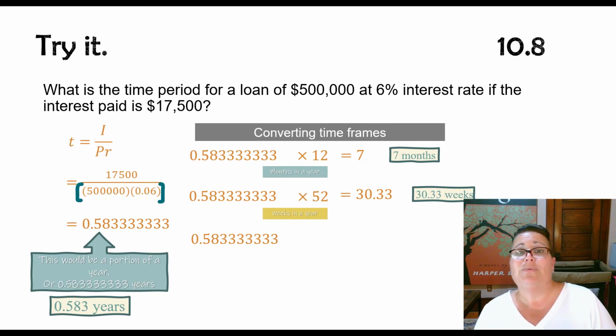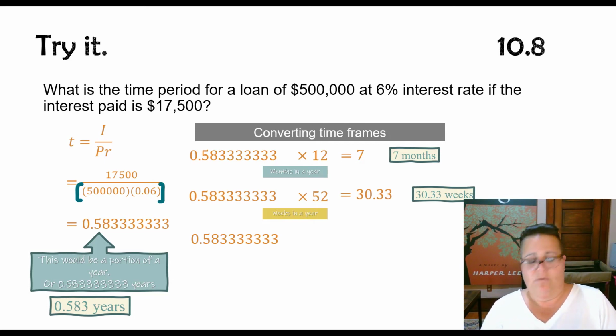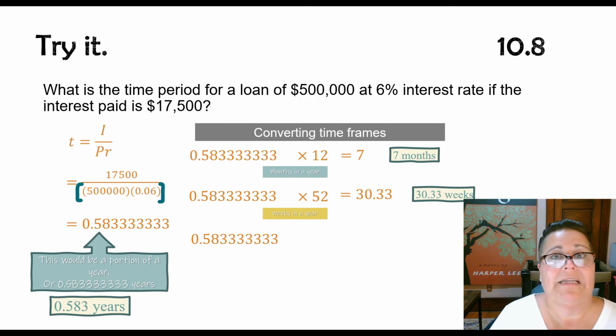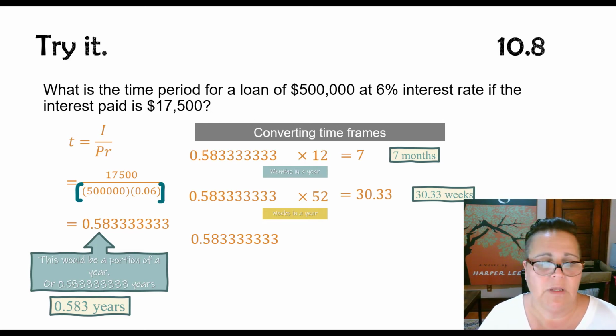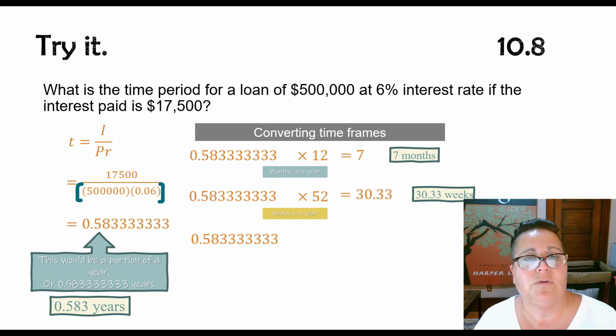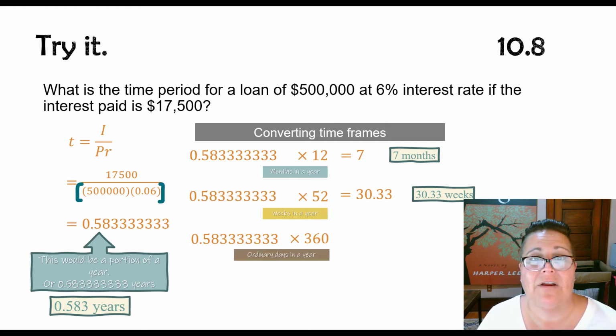All right. So now we've got to look at days. And in order to convert it to days, we need to talk about whether it's ordinary or exact. So if we're doing 0.58333 of a year and we're doing ordinary, we know that there are 360 days in an ordinary year.